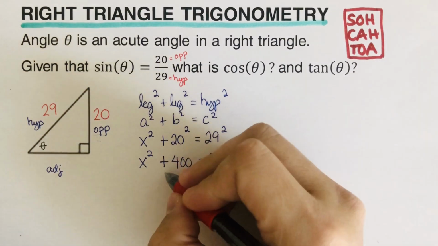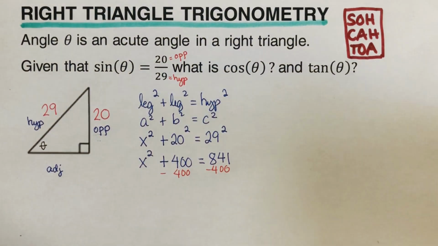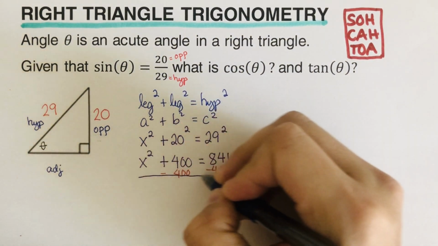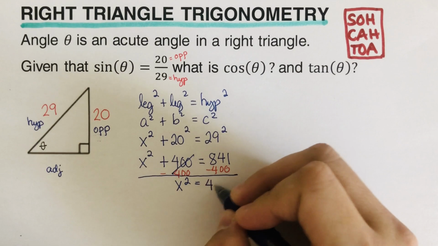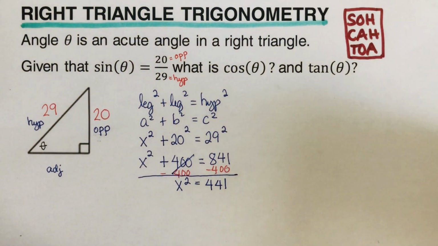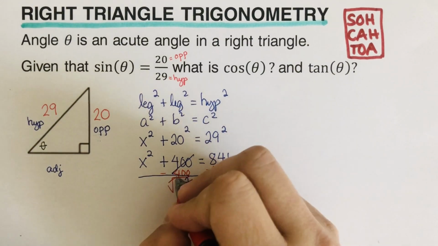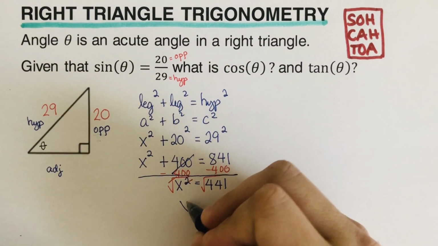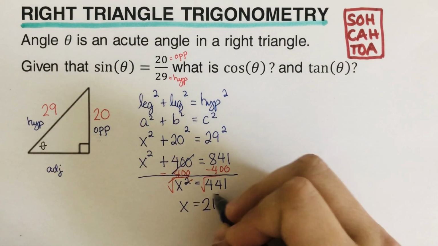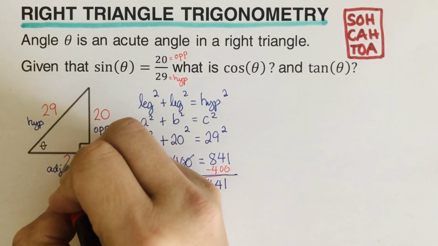We want the x by itself, so we subtract 400 from both sides. We are left with x squared equals 441. We square root both sides, so x is 21. The length of this side is 21.